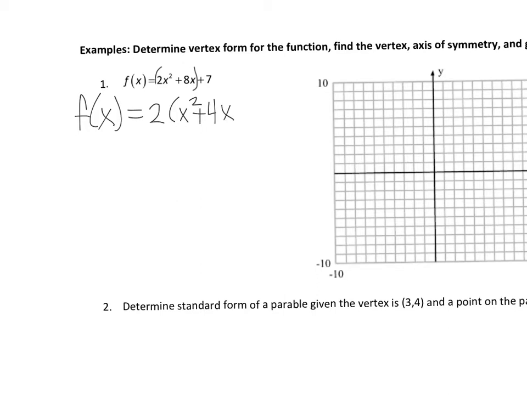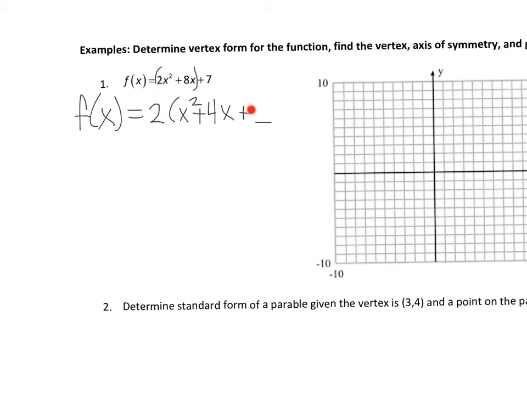Now we want to add a term in here in order to get that perfect trinomial. But there's a problem. If we add a term that is changing up the function, the only thing that we can add to this whole side that wouldn't change up f of x would be a total of 0. But we don't want to add 0 here because that doesn't create our perfect trinomial.